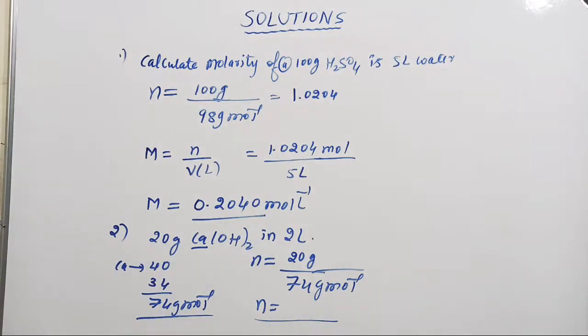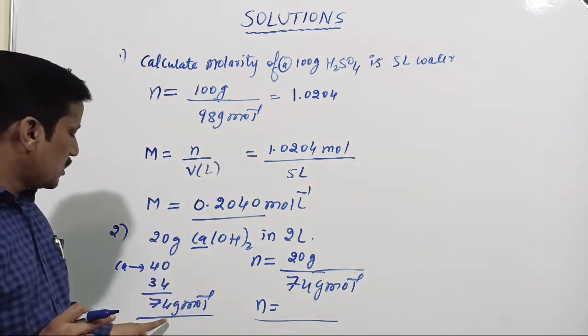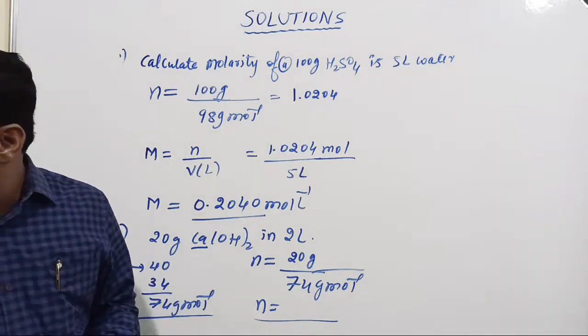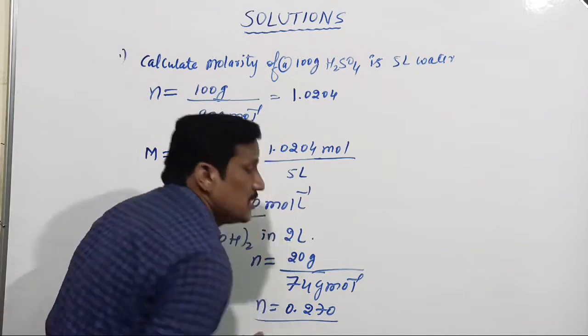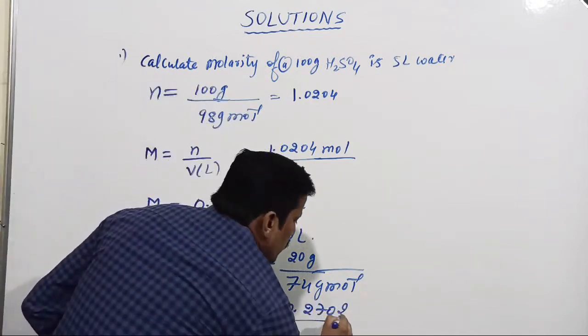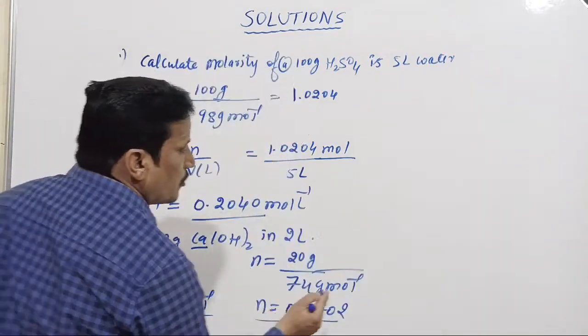So 20 by 74, you get 0.270. One more digit will be there. I am taking and seeing the calculator: 0.2702. Then this is the number of moles.